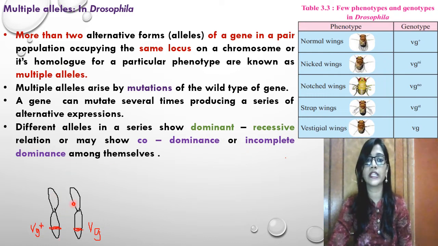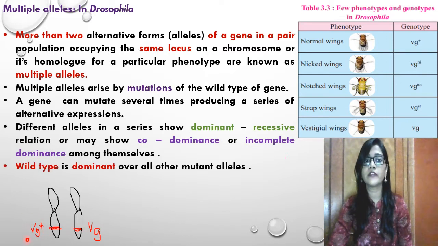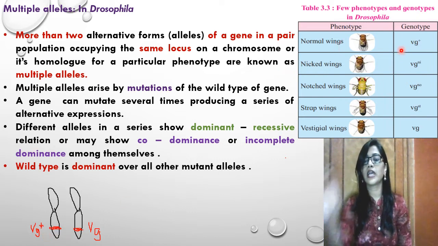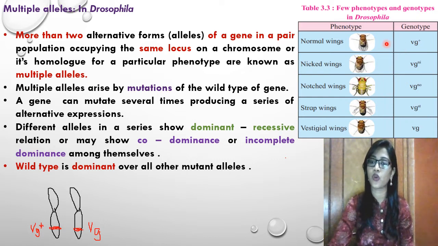Now you can observe in this diagram, this is a homologous pair we are talking about, with vg plus and vg. Vg plus is the wild type, normal wings. This character is dominant, while vestigial wings, vg, is the recessive character.